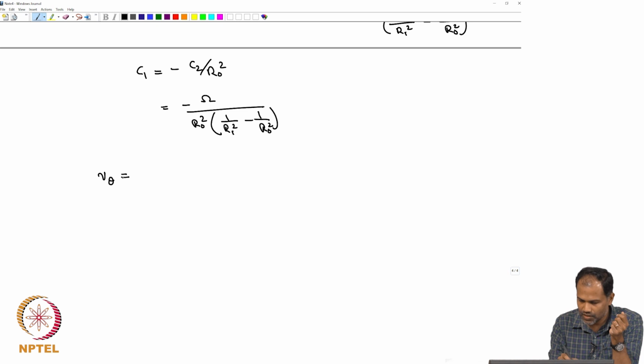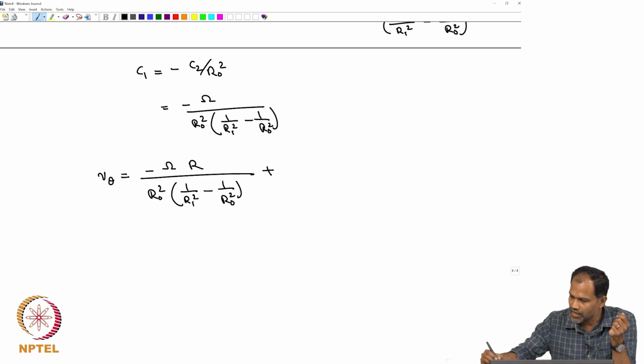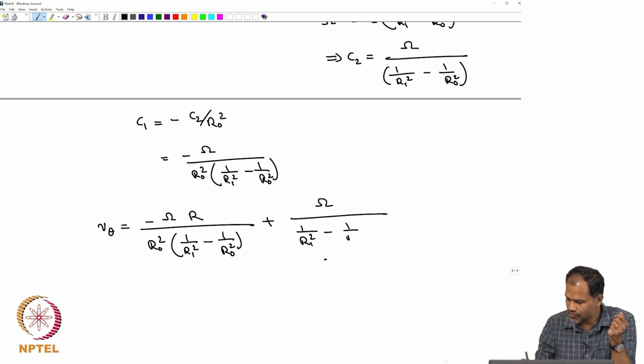V theta is equal to C1 into r, that's minus omega by Ro square into 1 by Ri square minus 1 by Ro square times r, plus C2 by r, which is omega by 1 by Ri square minus 1 by Ro square times 1 by r.